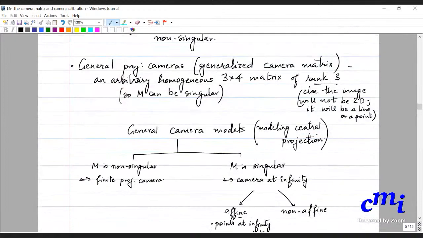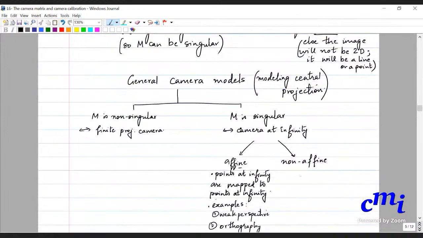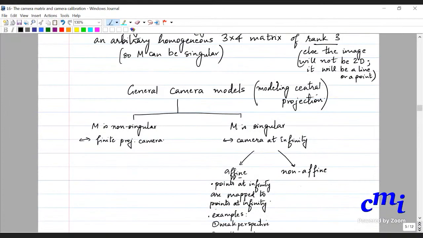And in general, there are these other camera models, apart from the pinhole camera model, which leads to the central projection. There are some other central projections, your finite projective camera. The leftmost case is the case of your regular camera. But you can also have that M being singular, which corresponds to having a camera at infinity.